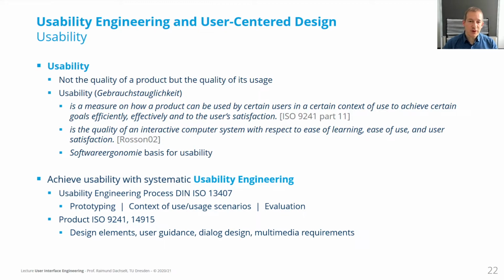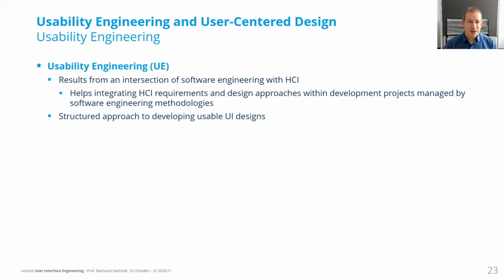I do not talk much about this ISO norm because it's a little bit old-fashioned already, but I come to that in a minute. Usability engineering results from an intersection of software engineering with human-computer interaction.